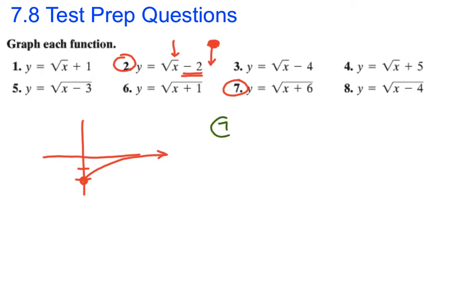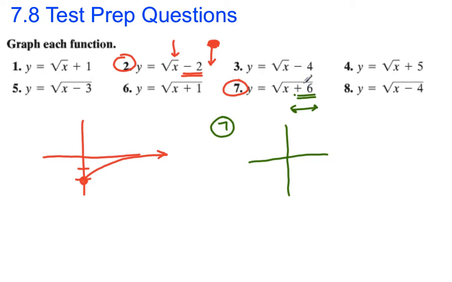Number 7, now we have this 6 on the inside. Well, this is the left or right movement, and we go opposite of what we want to think. So plus 6, we would think we're going to the right, but in actuality, that would be x minus h.